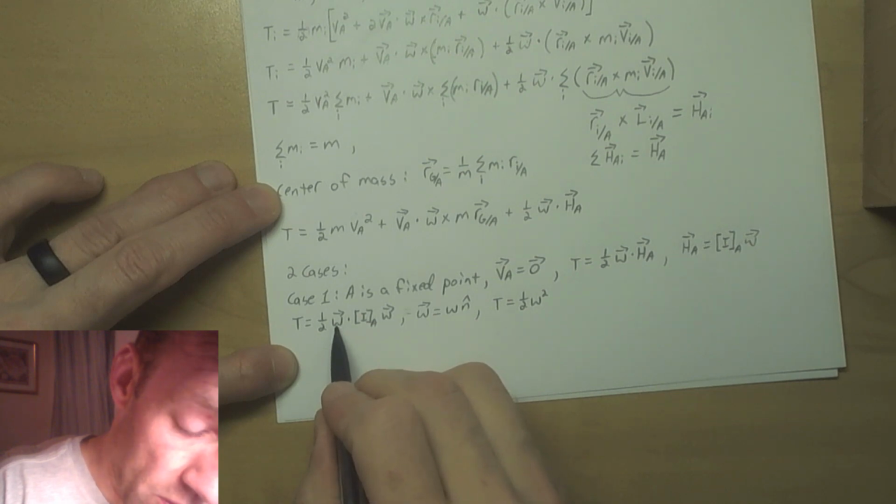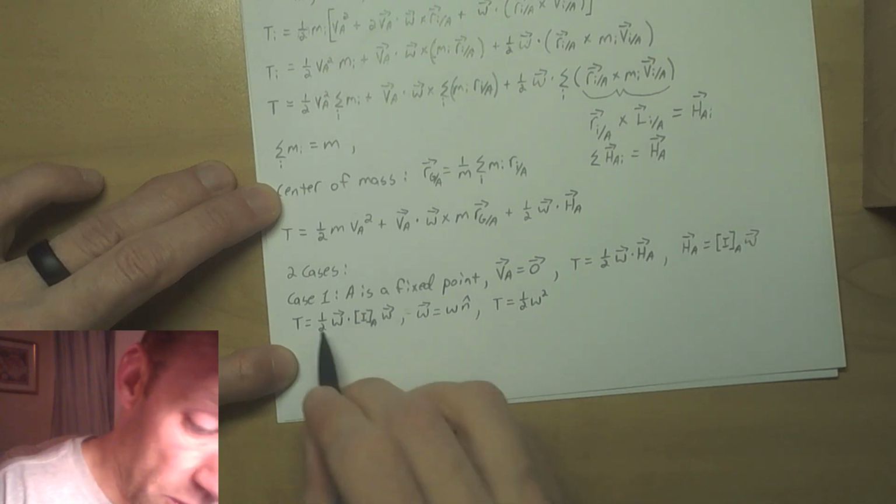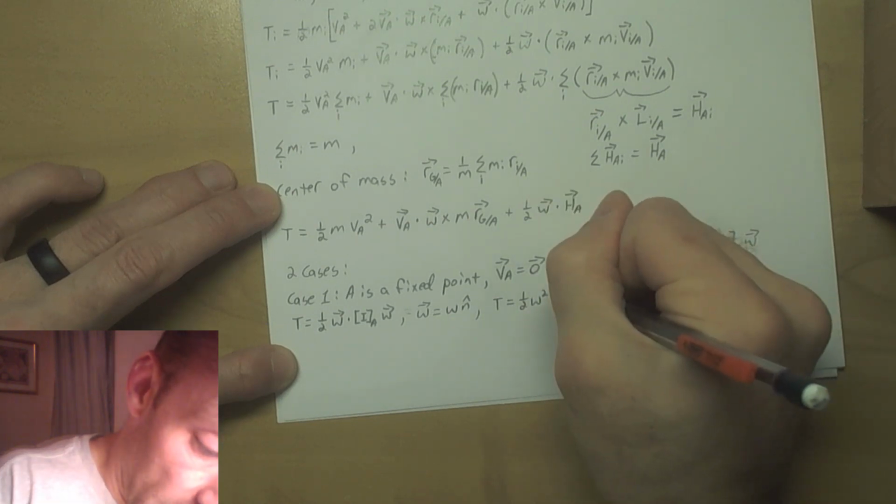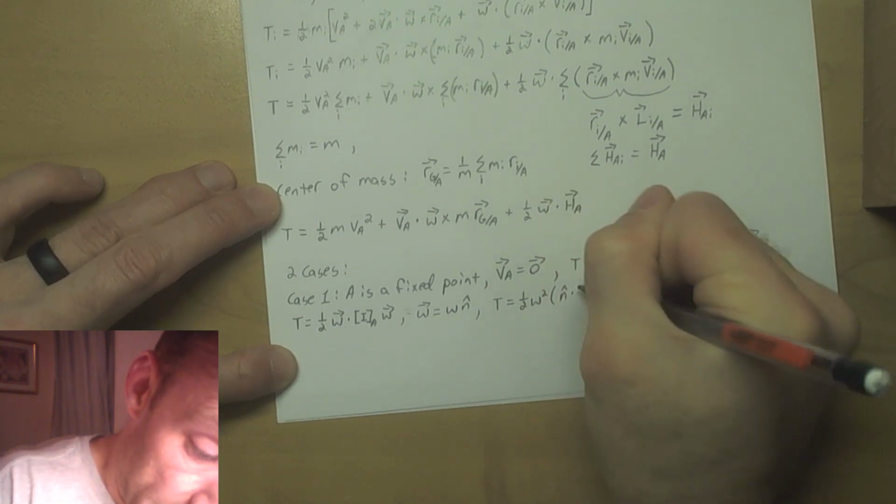So I get omega magnitude, a number here and a number there, both of those can come out to the front. So I get omega squared, and then what's left is this.